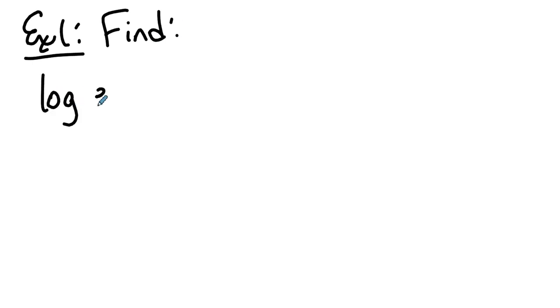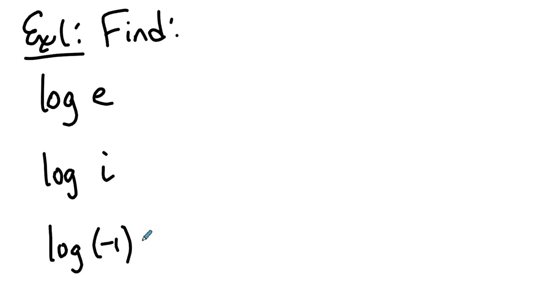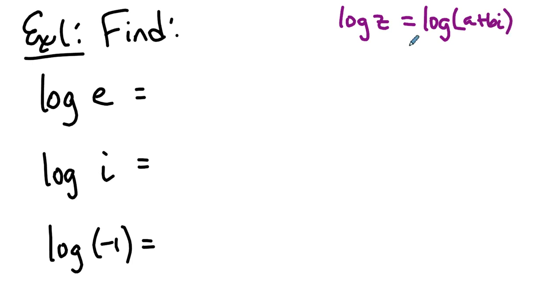We'll find the log of e to make sure that that still works. Then we'll find the log of i to make sure that that works. And then we'll find the log of -1 to make sure that that works. And just as a reminder, the log of a complex number, the log of a plus bi, is the log of r plus i theta, where the r and the theta are as they are in the polar grid.